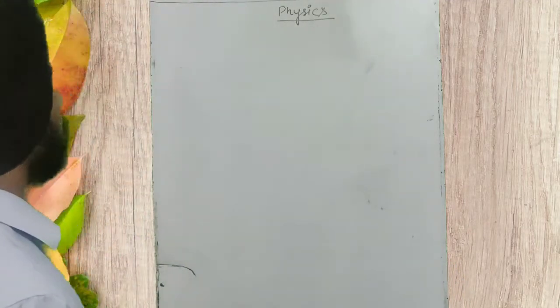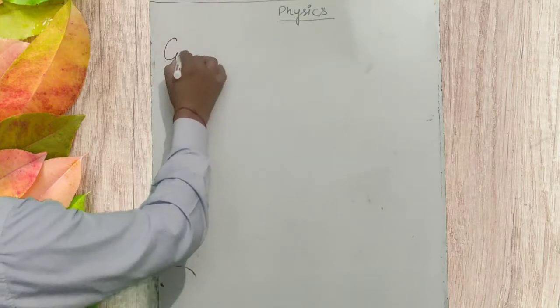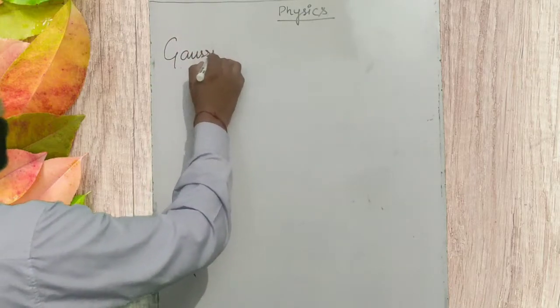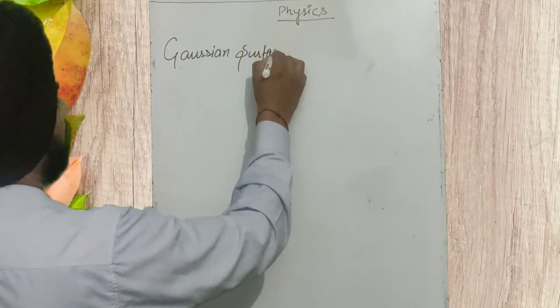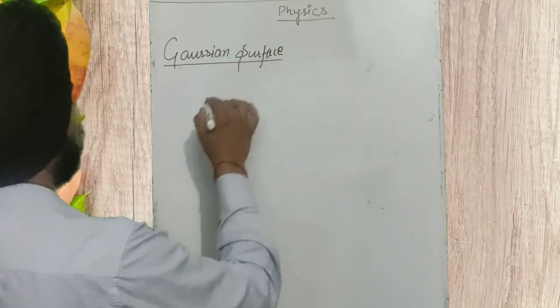First let us understand the Gaussian surface, and then I am going to explain how to calculate the electric field at a point due to this charge distribution. So let us start with the Gaussian surface first. What is the Gaussian surface?